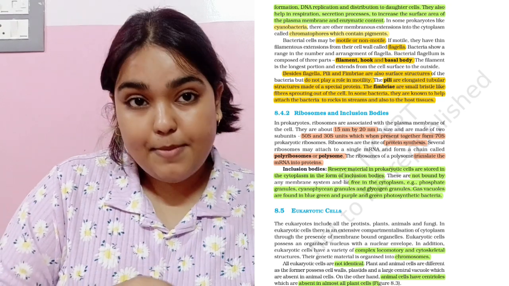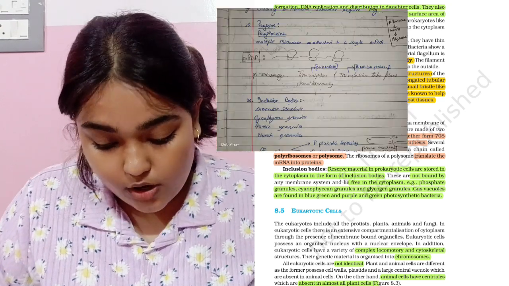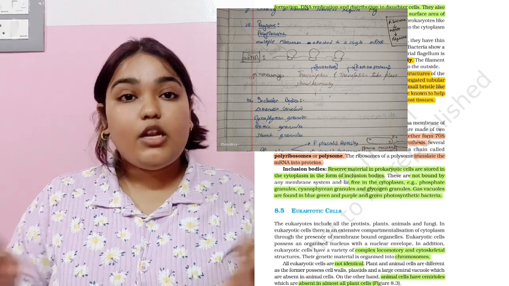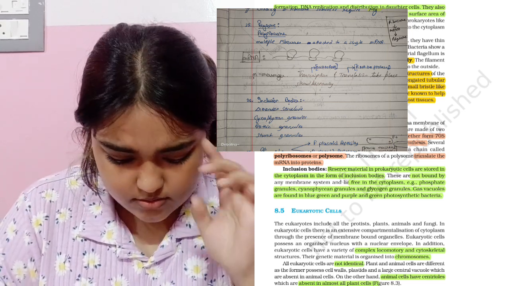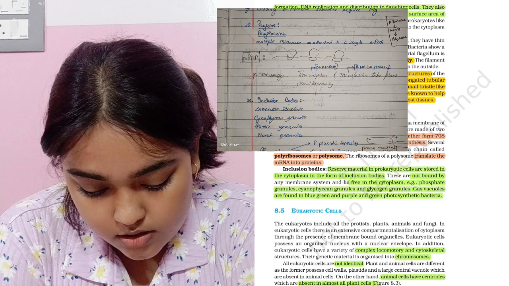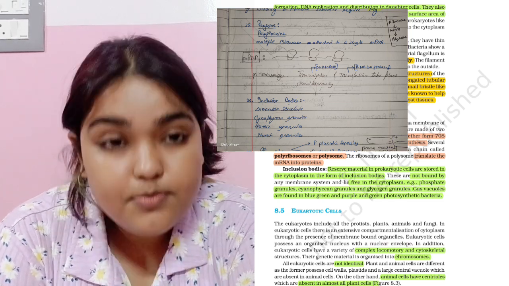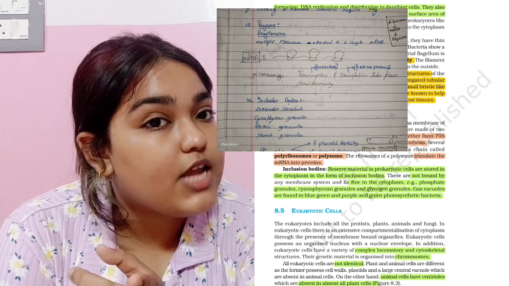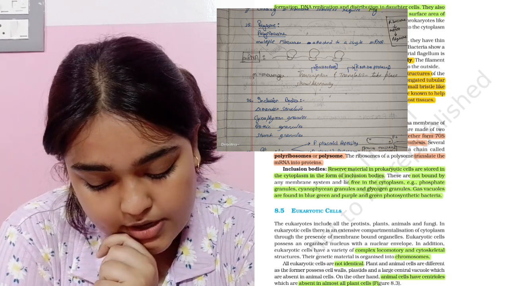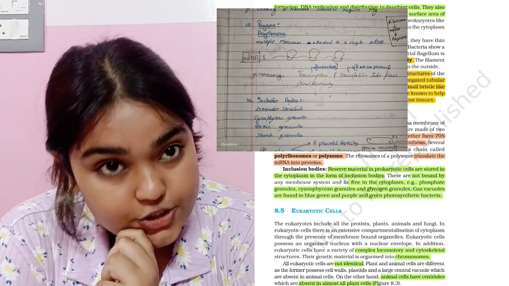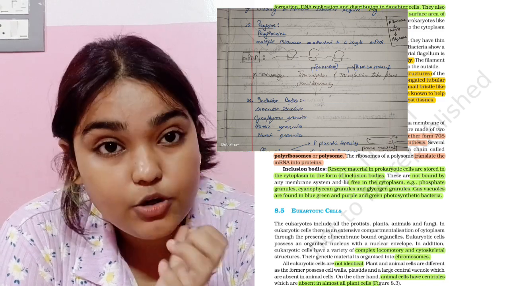Ribosomes get attached to mRNA and form polyribosome, known as polysome. Just remember that. The ribosomes of a polysome translate mRNA into protein. So mRNA plus ribosome, the polysome, plays a role in translation, that is the formation of protein from mRNA.